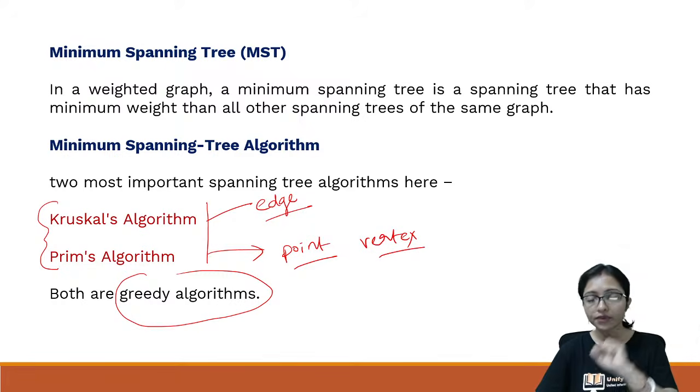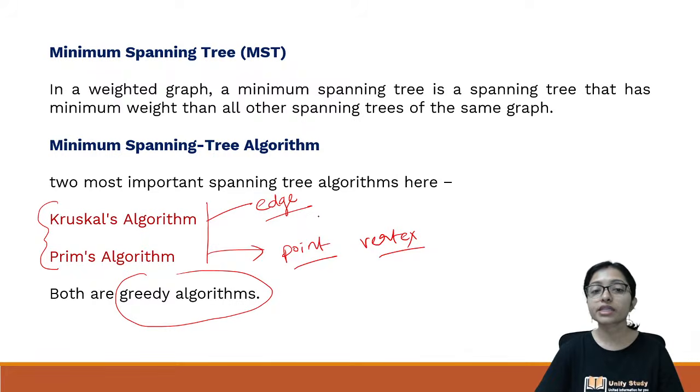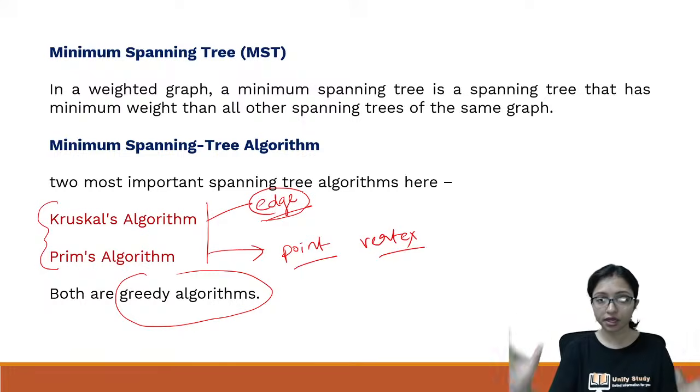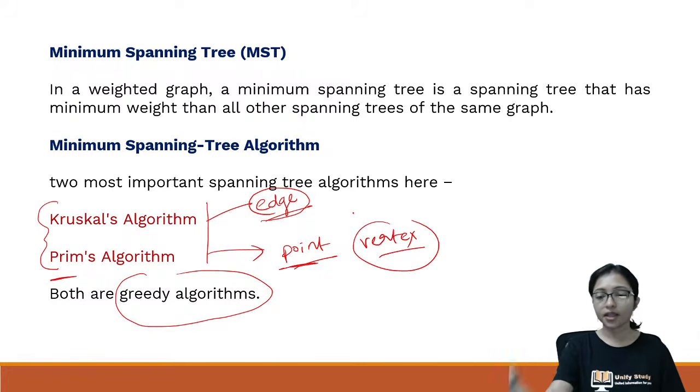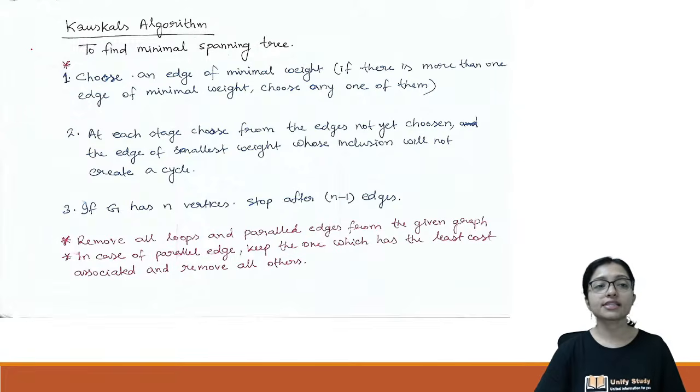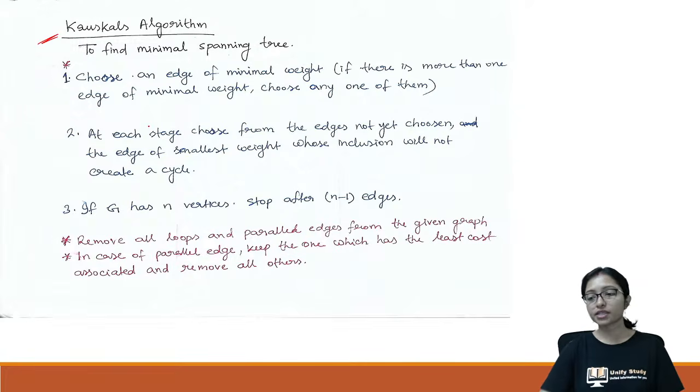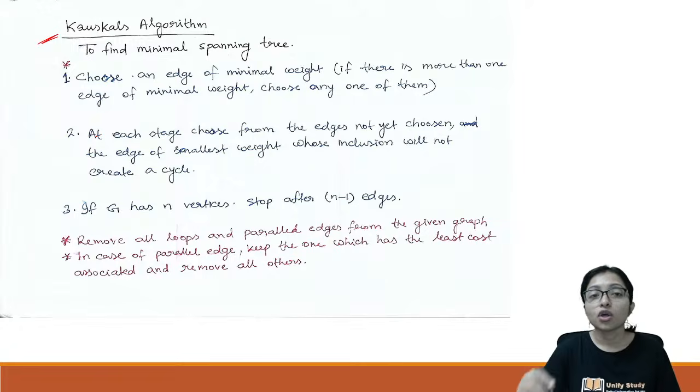Prim's will start with a specific vertex and then it will go on. Kruskal's will make a list of all edges of the graph, then it will go on. Prim's you can remember with point, and point means vertex.